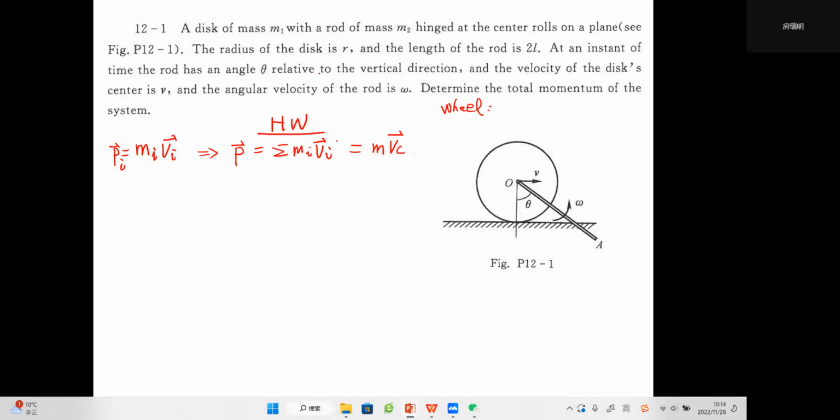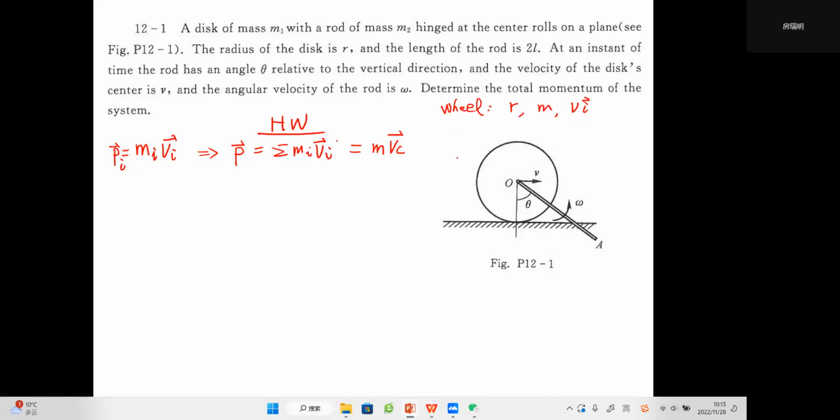Actually, the wheel also is a disk, right? It has radius r. It has mass m1. And we know its center is O, and its absolute velocity is v, right? So maybe I can write this with a direction to denote that this v is along the horizontal direction, right?